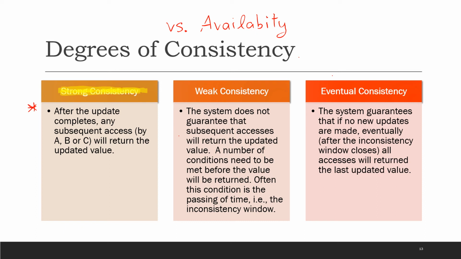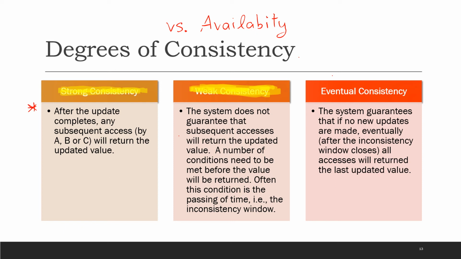The second one is weak consistency, right? Weak consistency says that the system does not guarantee that subsequent access to the data will return the updated value right away. But of course, we will get the updated value after certain conditions have been met.